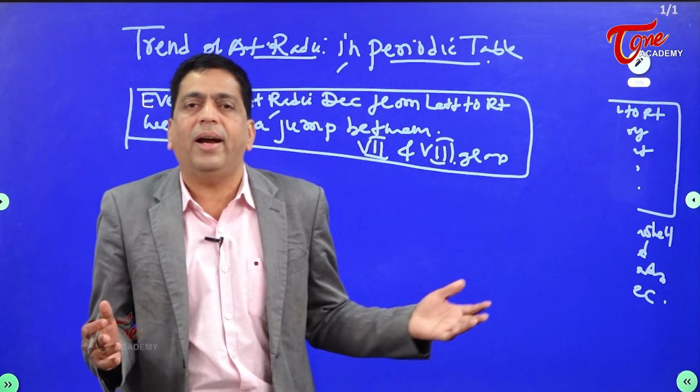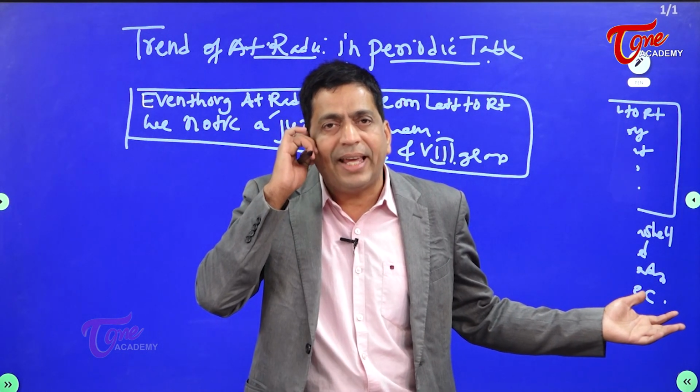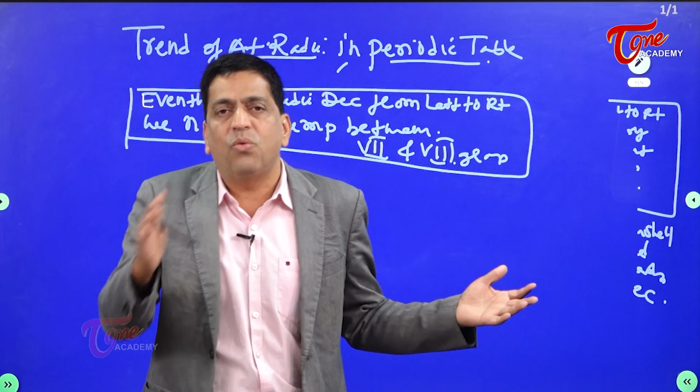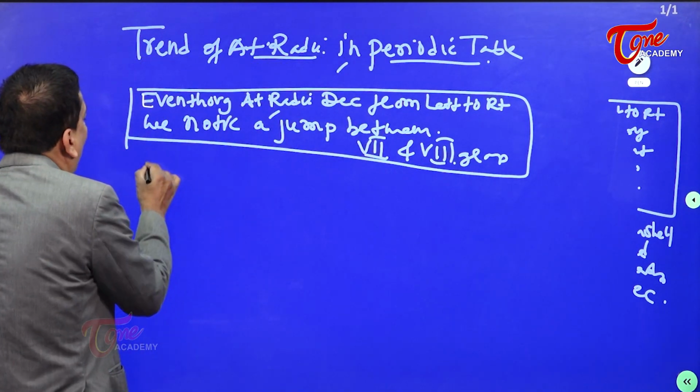From left to right the size is decreasing, and I was giving an explanation for that. But the noticeable thing is, between the 17th group and the 18th group, you find a jump. And what is the reason for that is the question.